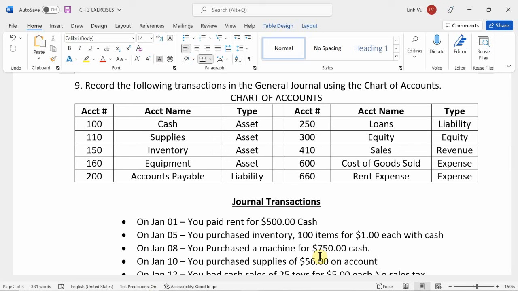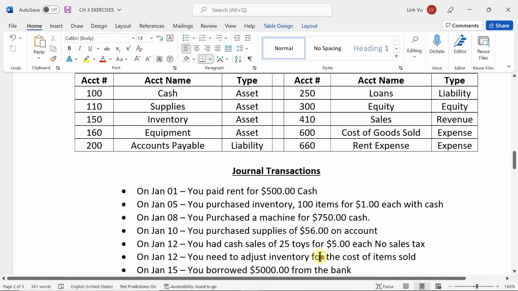Are you going to debit or are you going to credit the equipment account? That's where you use your accounting model. How do you increase an asset? With a debit.